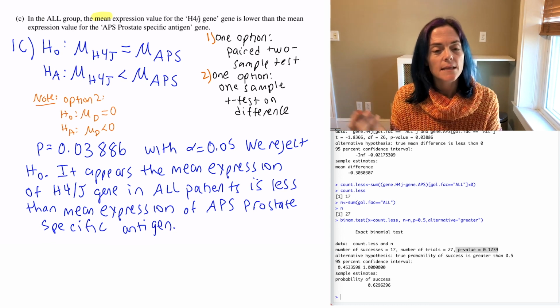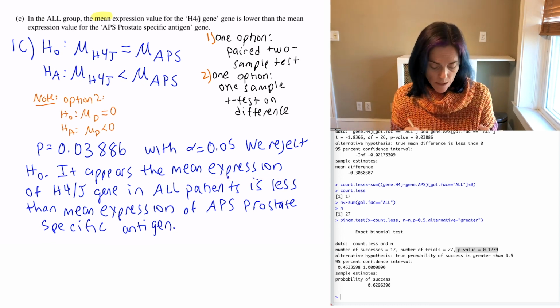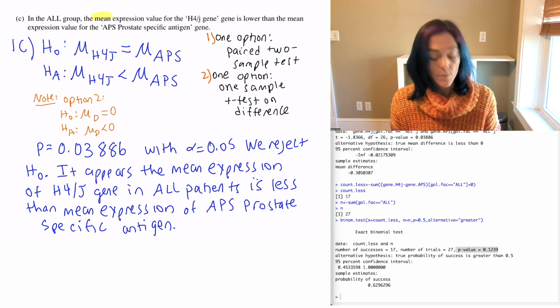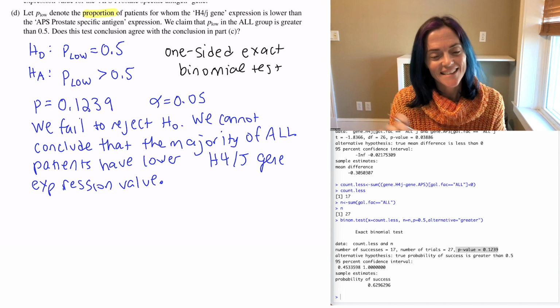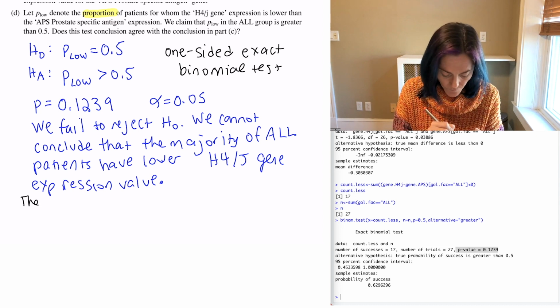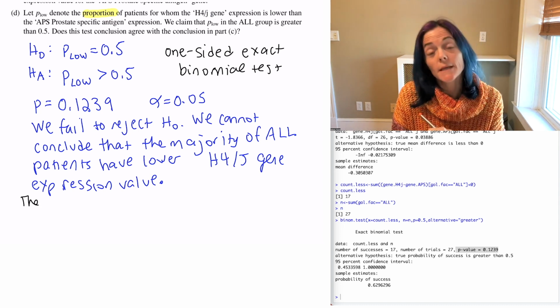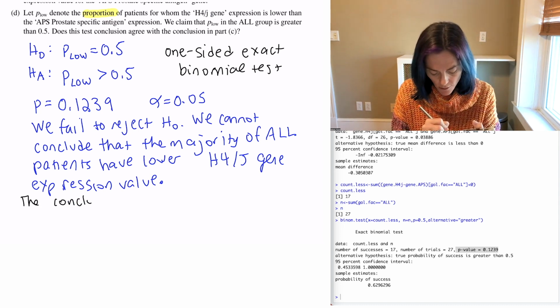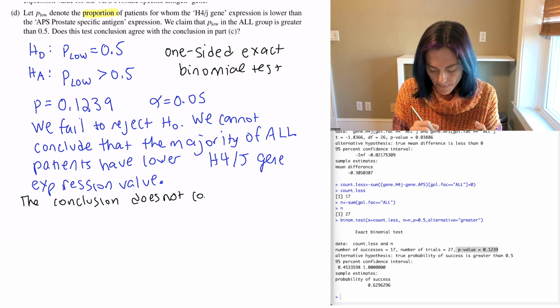Whereas in C, we conclude the mean expression of this gene is less than the mean expression of the APS prostate-specific antigen. But our conclusion here does not contradict letter C.